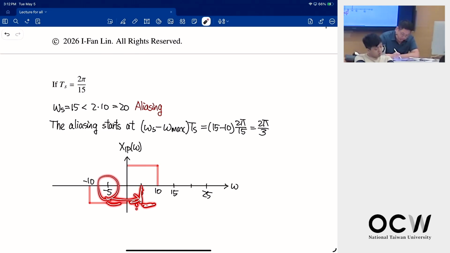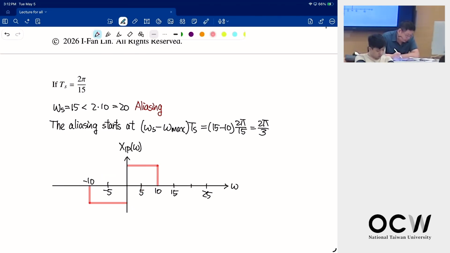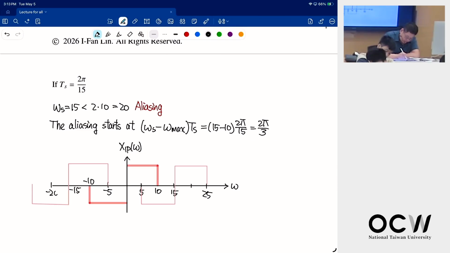Okay, so this part will be here. This will be minus 15. And this is minus 25. This is minus 15, minus 20, and minus 25.